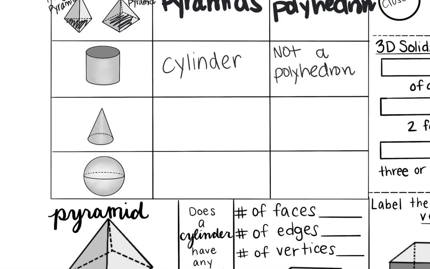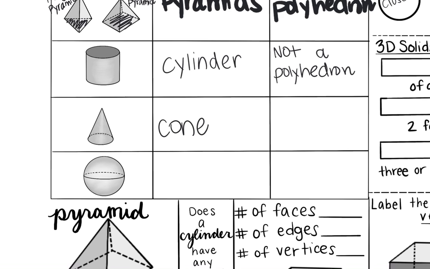All right, and then the next one that we have here is something called a cone. If you don't know the name, it's a cone. A lot of the times we see this shape when we're eating an ice cream cone, right?